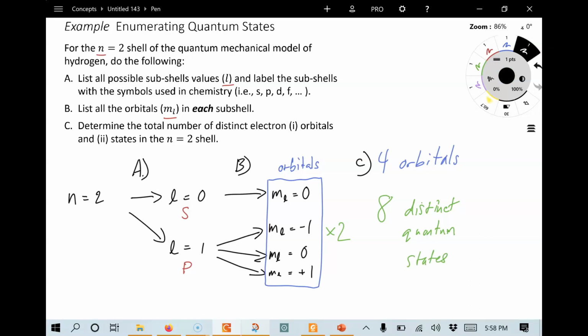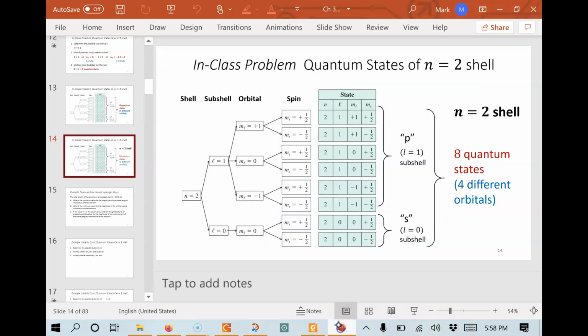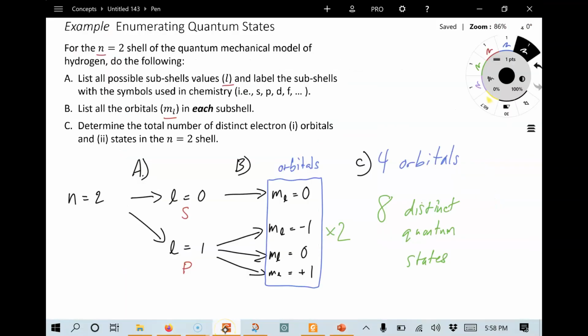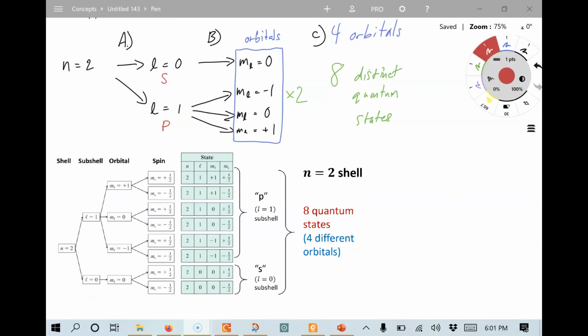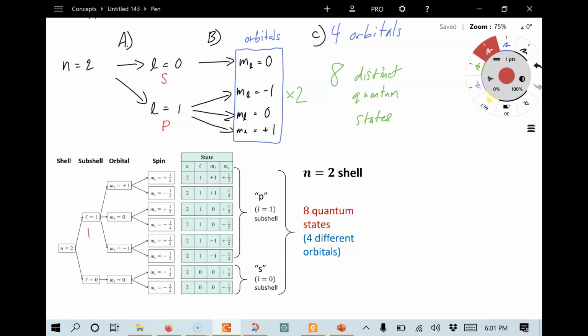Now I want to show you how we can organize these nicely. So in the book it shows you a picture of how we organize these. I'm going to go ahead and just paste that into the problem here real quick. And you can see that this is organized similar to the way that I organized it above. They happen to put the L equals 1, the P subshell right here, and below there they put the L equals 0, the S subshell. But here's your shell, n equals 2.